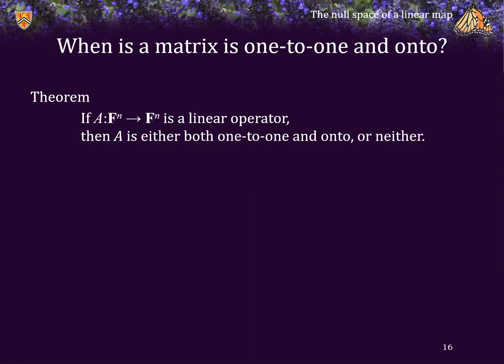Now, if A mapping F^n to F^n is a linear operator, that is a linear map that maps a vector space onto itself, then A is either both one-to-one and onto or neither. Proof. If A is onto, then the dimension of the range of A is equal to the rank of A, and therefore that must be equal to n.